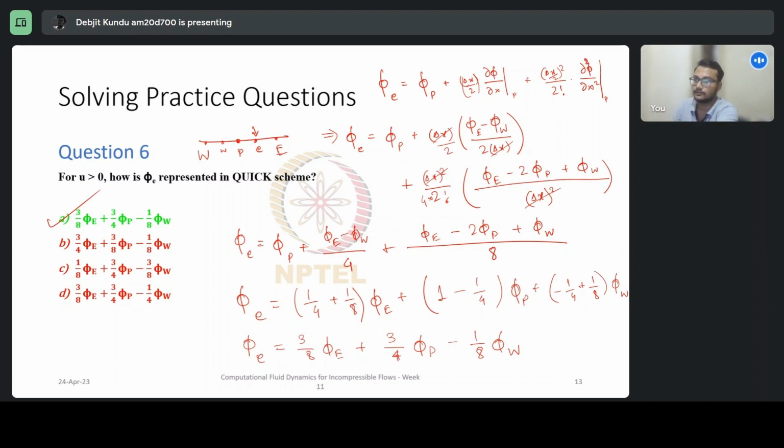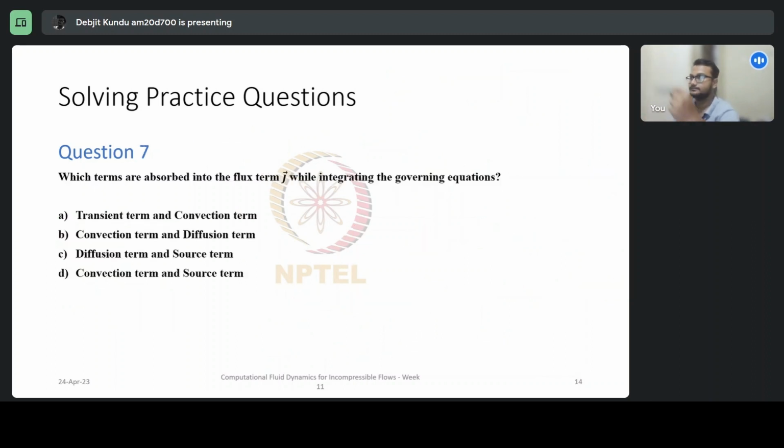Okay. So moving on, we will move on to question number 7 of today's session, which is asking us which terms are absorbed into the flux term J vector while integrating the governing equations. So we integrate the governing equations, which are nothing but the conservation equations of different physical quantities.